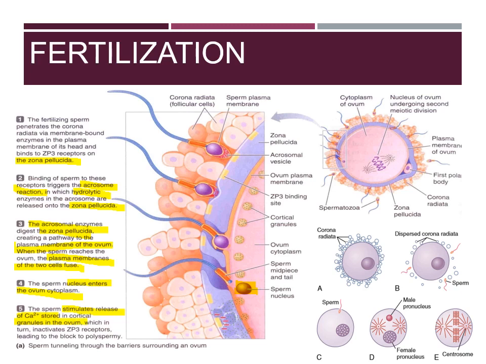This process will inactivate the sperm receptors, which will block any further penetration by other sperms. So this is why only one sperm can fertilize the ovum. The rest are going to be prevented from entering the ovum.